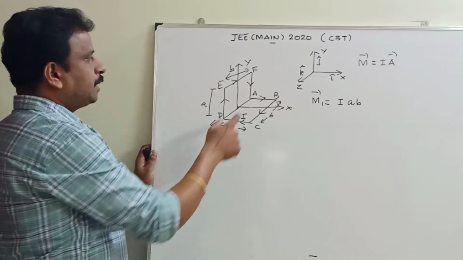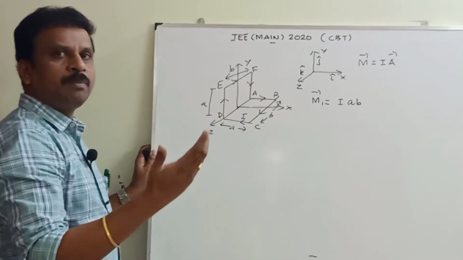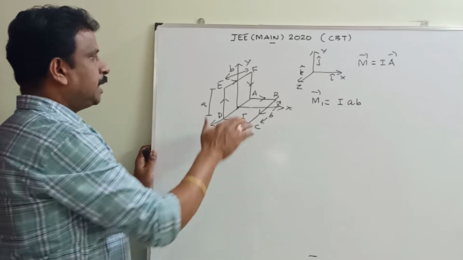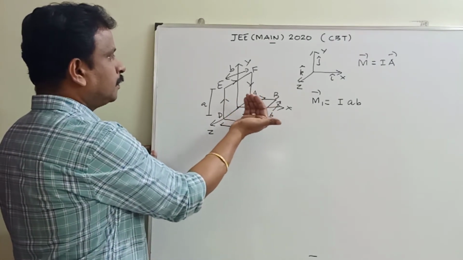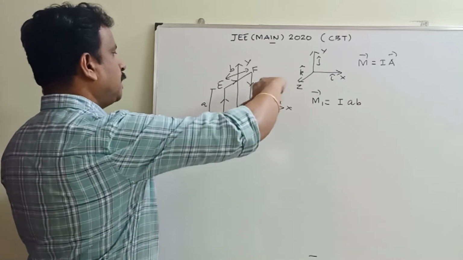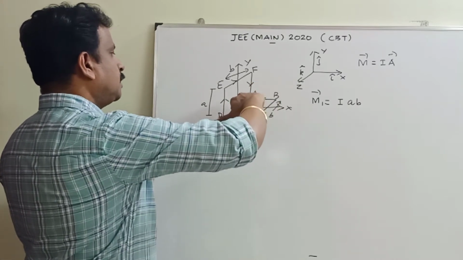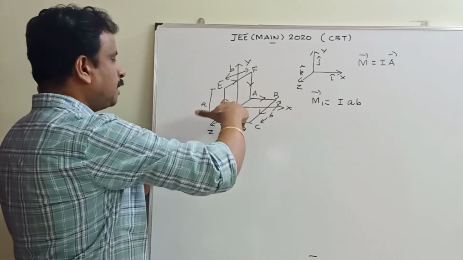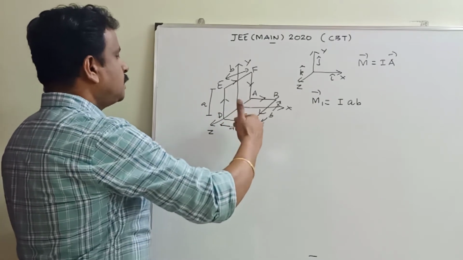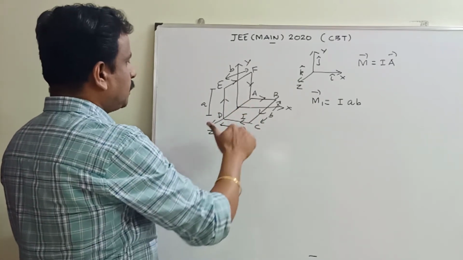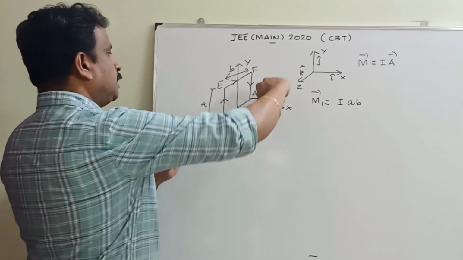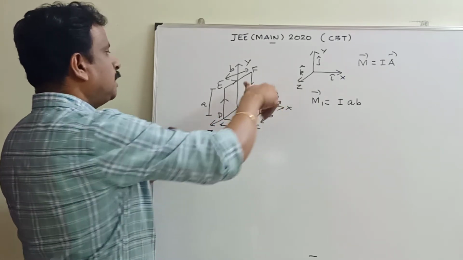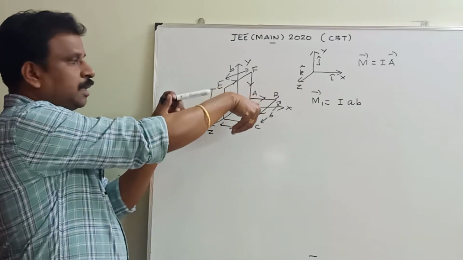For that, I take the direction of the current. So you take the Maxwell right hand rule. The thumb represents the direction of the current. Here the thumb represents the direction of the current, and here also.